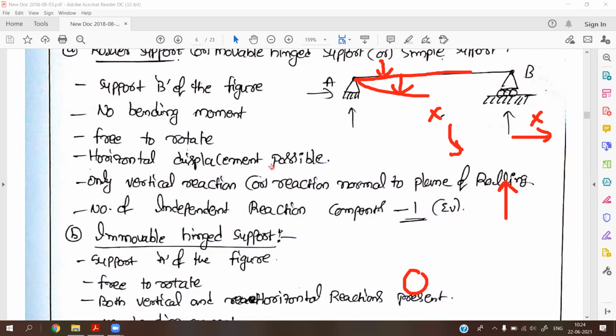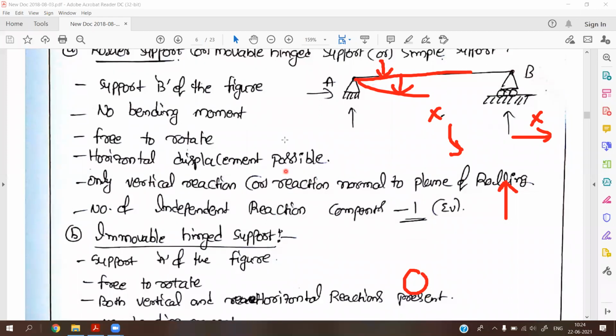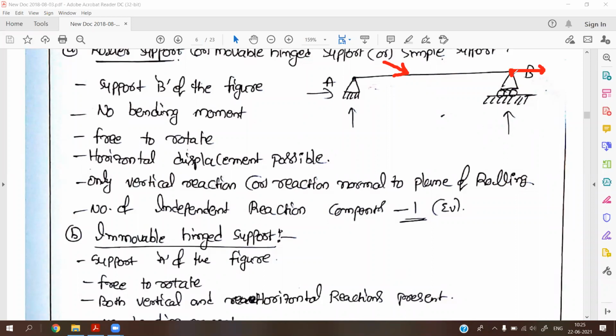So it offers no bending moment in the hinge support, but it offers a horizontal reaction as well as a vertical reaction. If you observe clearly, if any point load or inclined load is present on this beam, the beam may move in this direction or in this direction, but in this support there are no rollers beneath the surface.